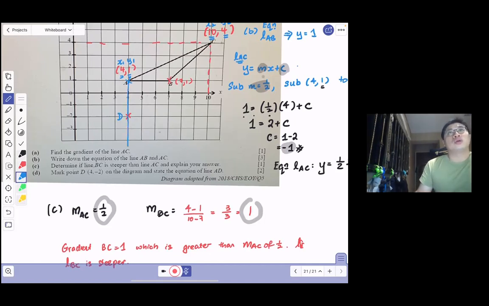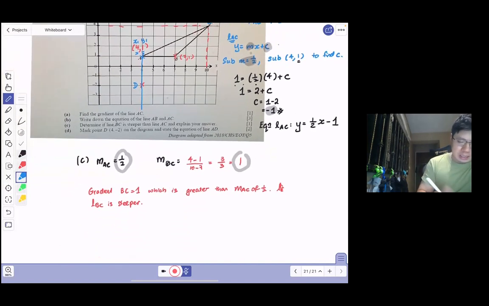Remember, a vertical line has an undefined gradient, and it is x equals something. This line passes through 4, so the equation is x equals 4. So the answer for D is x equals 4.